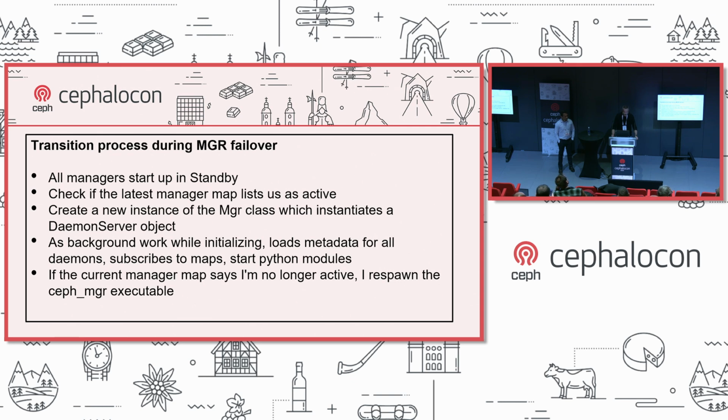In the manager standby handle_manager_map function, we check if the latest manager map lists us as active. If so, we create a new instance of the manager class, which is the main manager class, MGR class, which instantiates a DaemonServer object. The DaemonServer object does the bulk of the heavy lifting and the ongoing work when it runs its tick function.